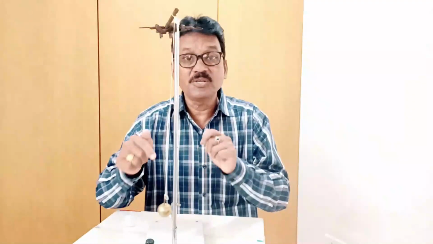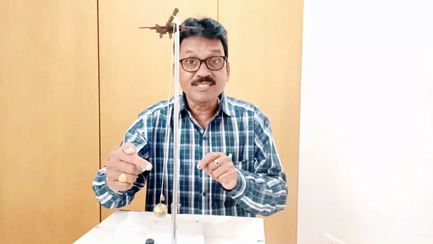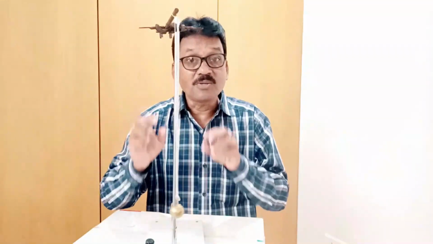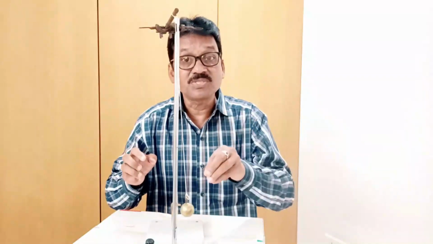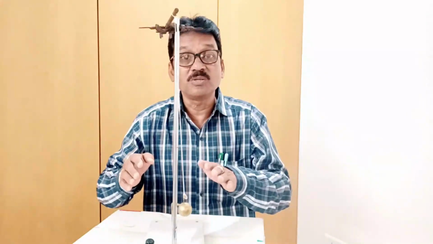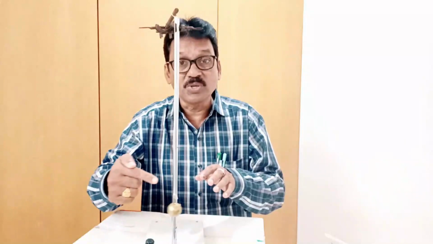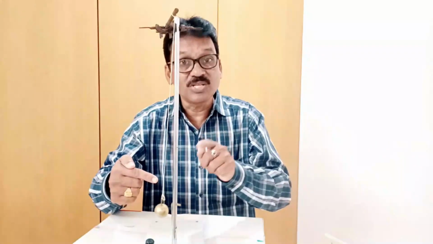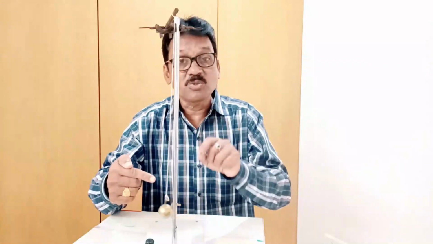So it is a periodic motion, and since it is less displacement, it is a linear motion. And also here the restoring force is directly proportional to the displacement of this pendulum bob, and is also in opposite direction to that displacement, and it is also acting towards the mean position. So this pendulum executes simple harmonic motion.